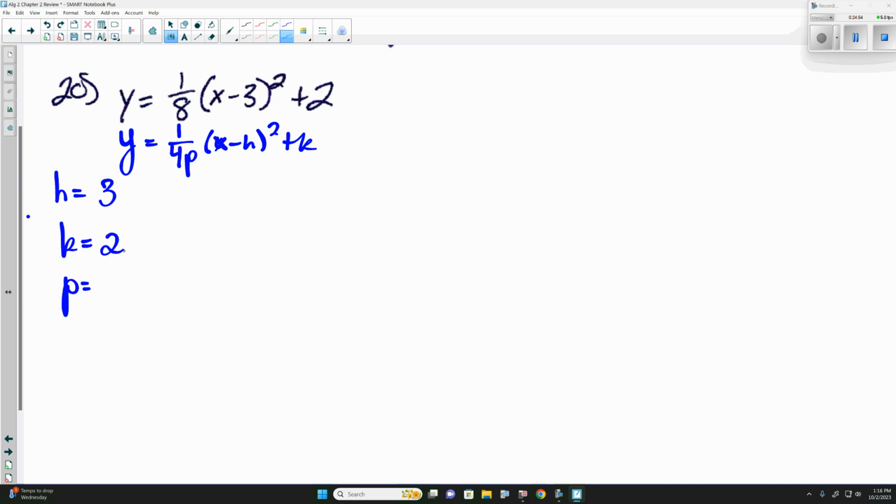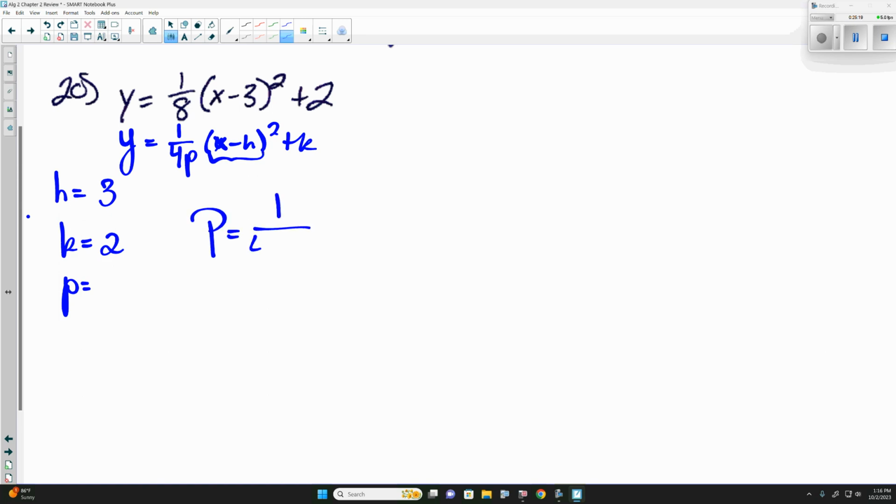And really the only reason we changed the 3 from inside the parentheses is because in the general form it's x minus h, yes? The x's already match up. The minuses already match up. So h has to be just 3. If it had been plus 3 instead of minus 3, it would have come out as negative 3. Now the value p.